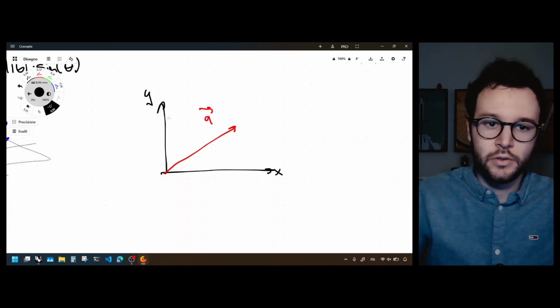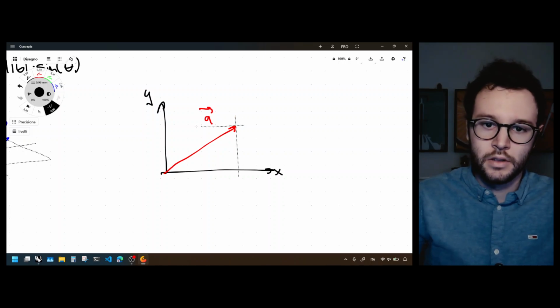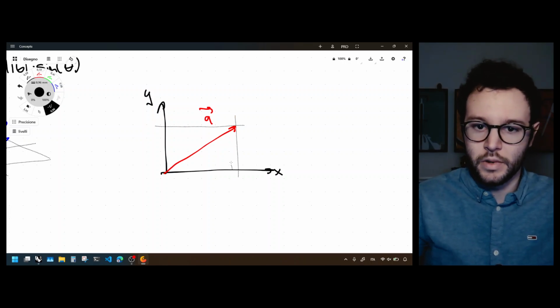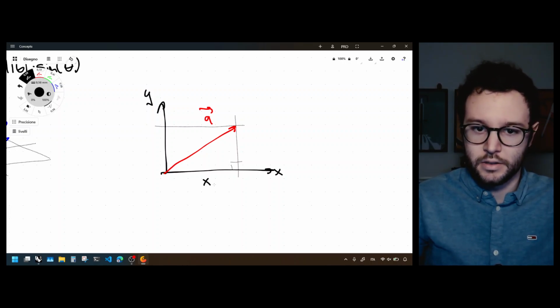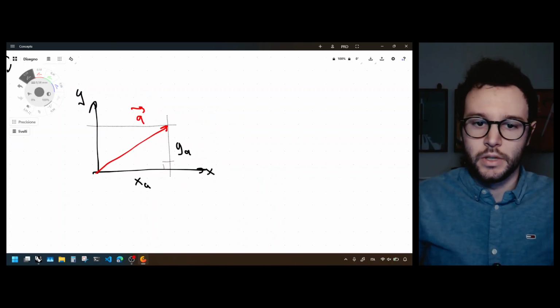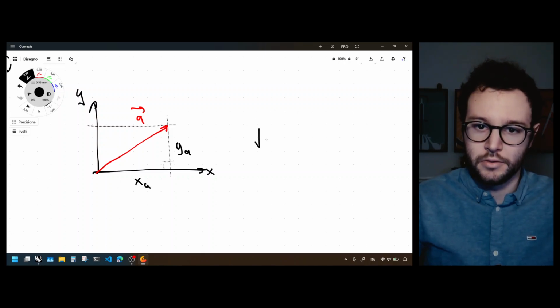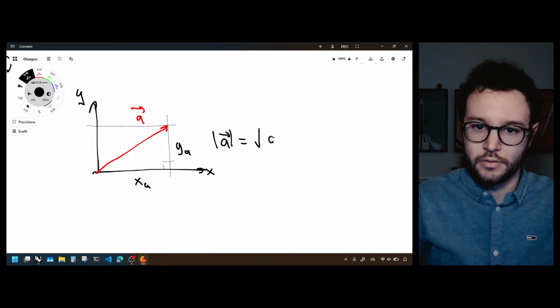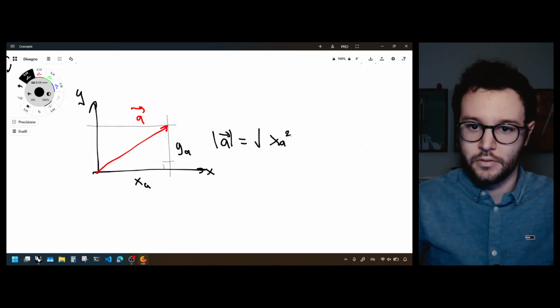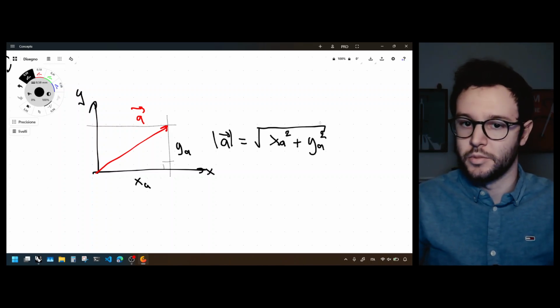If we want to compute the length of this vector, we could use Pythagoras theorem quite easily. Let's call this x of A and y of A. The length of A is the square root of x A squared plus y A squared. So very easily you can compute the length of it.